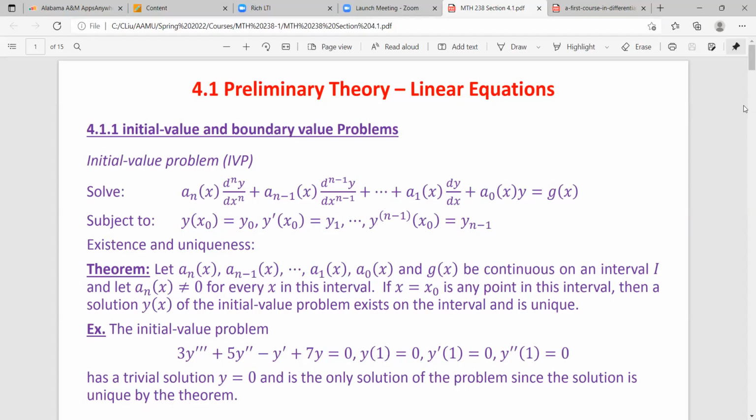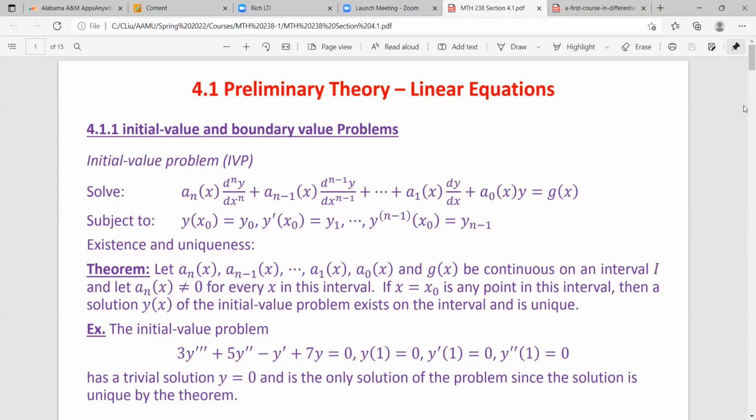So we call that a trivial solution. It is a solution to the initial value problem, and it is a trivial solution. But according to the theorem, we know this problem has a solution, and the solution is unique. And we already found one solution for this problem. So it has to be the only solution to the initial value problem, right?